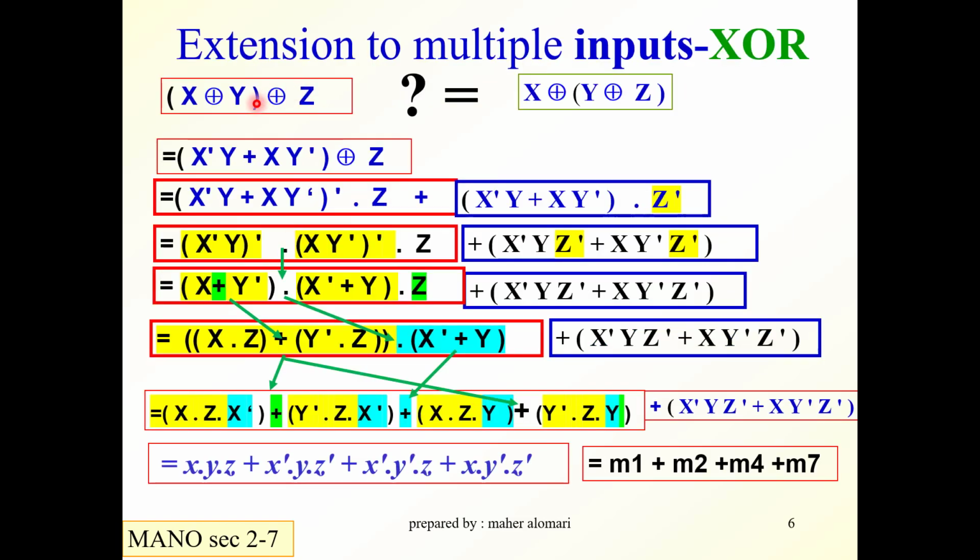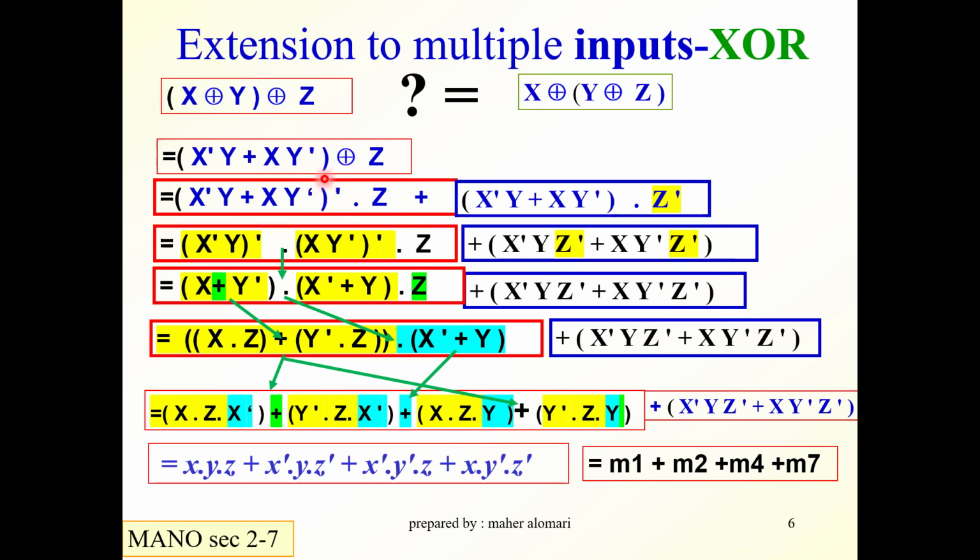Let's see if these two expressions are equivalent. This part on the left-hand side is equal to this on the right-hand side. We do this by expanding this term, X exclusive OR with Y. This is equal to this, and exclusive OR with Z. Okay, we do the exclusive OR here.